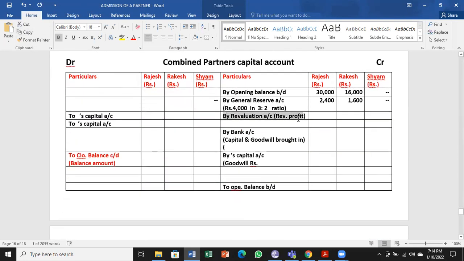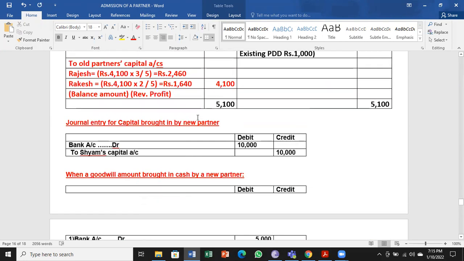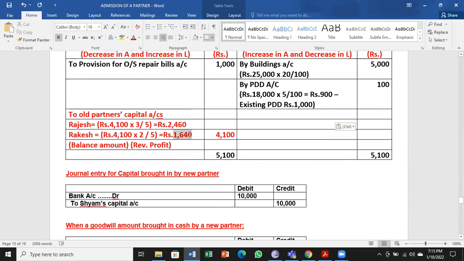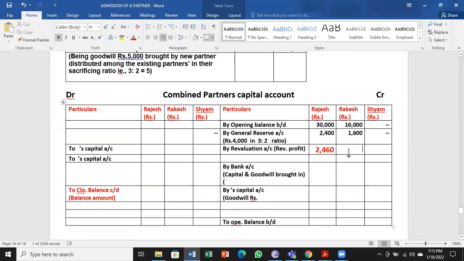By revaluation account, revaluation profit: 2,460 for Rajesh, for Rakesh 1,640. So this is the fourth step. Steps you have to remember: capital first, reserve second, P&L account third, then revaluation profit or loss, on the opposite side.